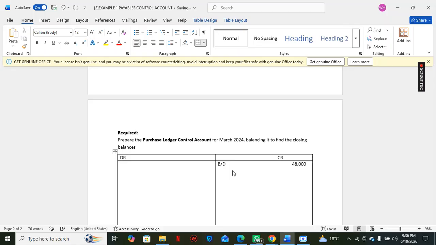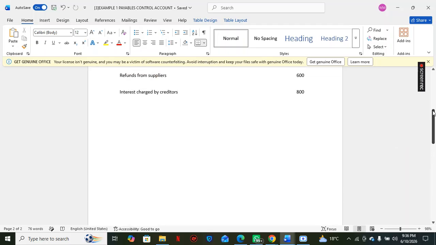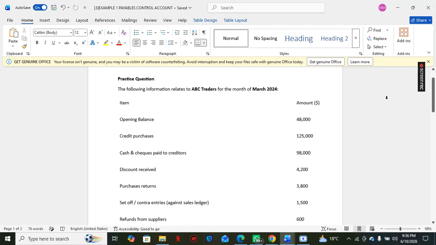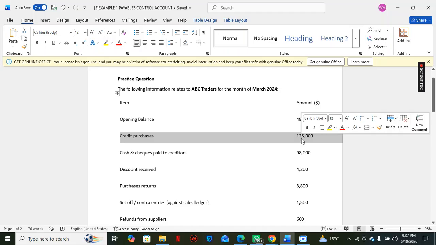All right. Next, we're now going to go through each transaction. Here we have credit purchases, 125,000. So we bought on credit from our suppliers, and the goods that we bought on credit were worth 125,000. So colleagues, does this increase our liability or does this reduce our liability?